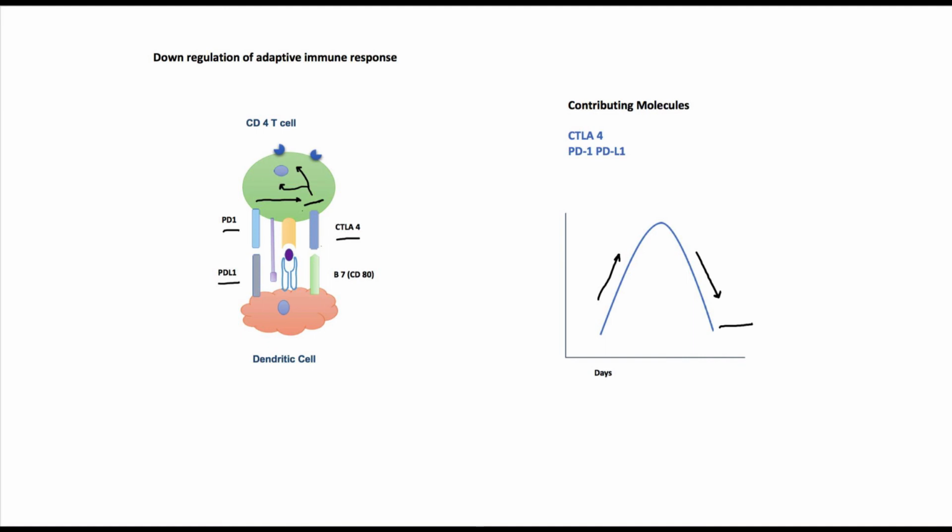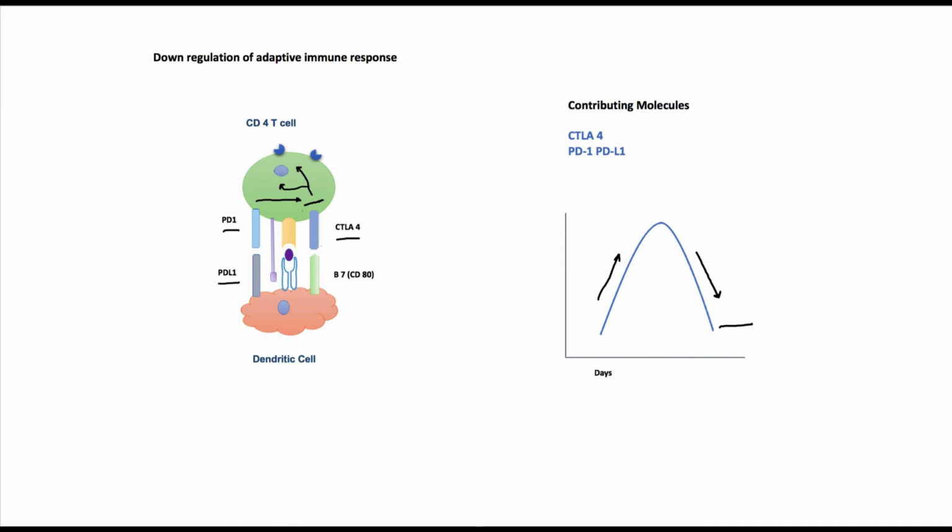In summary, the immune response starts when antigen-presenting cells like dendritic cells come across pathogens. Dendritic cells detect molecular patterns of pathogens and also present peptide antigens derived from these pathogens on HLA class II molecules to CD4 T cells.